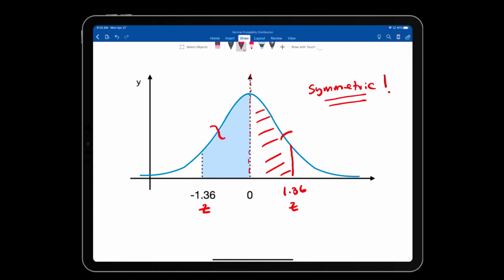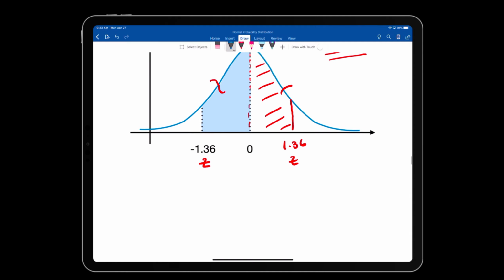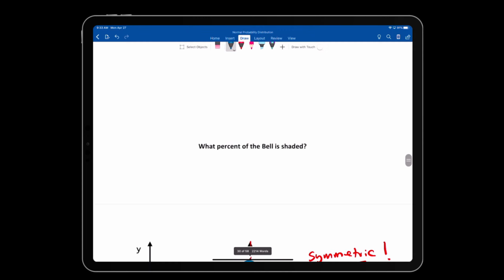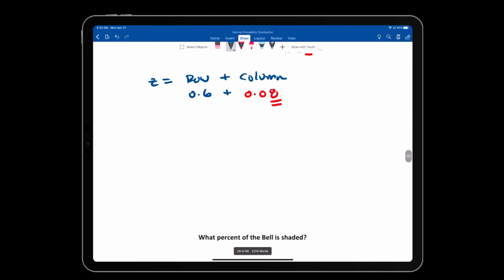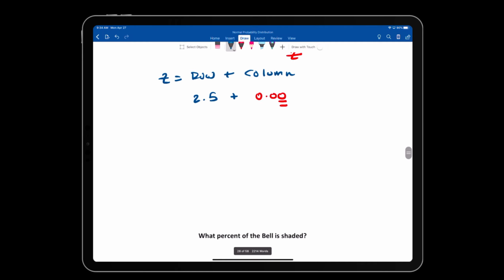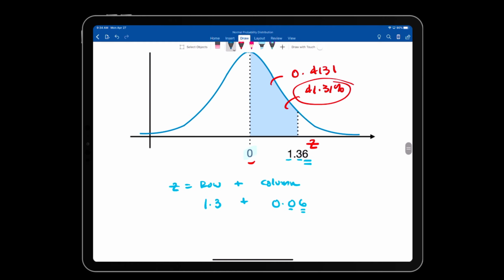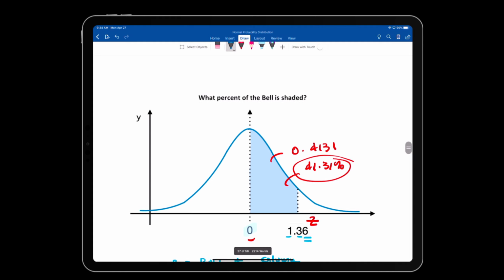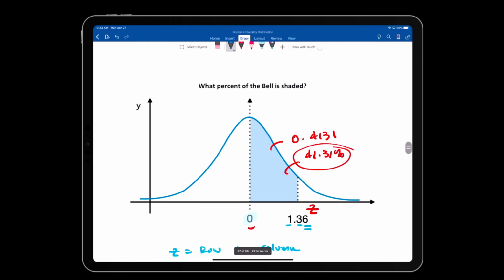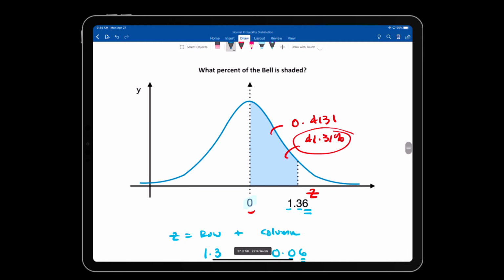So we have to find 1.36. Did we start the day with that? You guys remember we need a 1.3 row. And we need a 0.6 what column? Remember, 1.3 row, 0.6 column. Did we find that? Let's check. No, not there. Ah, that was the first one we did. So we already found this one.